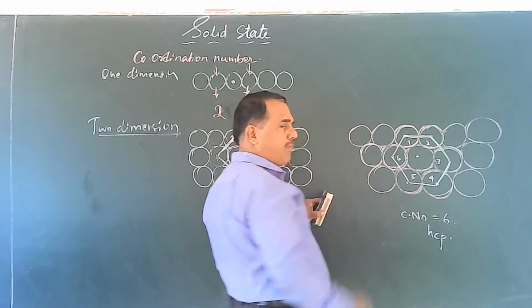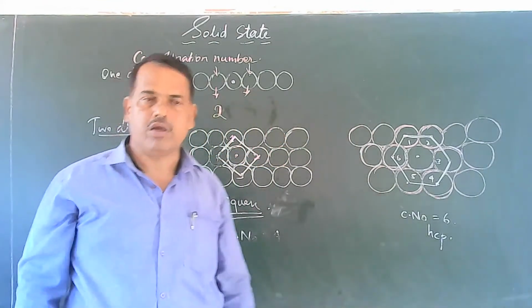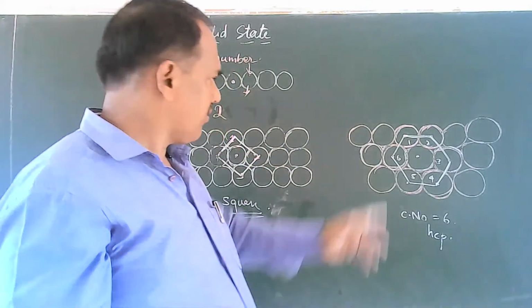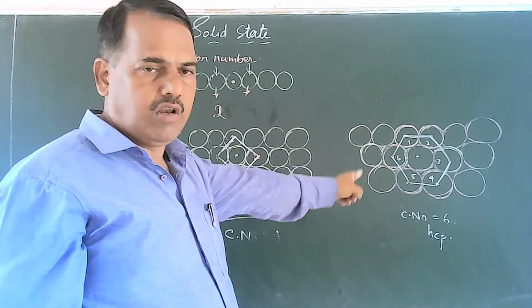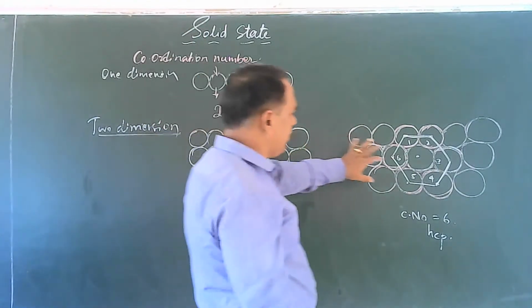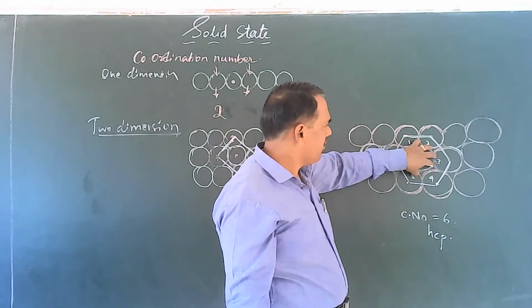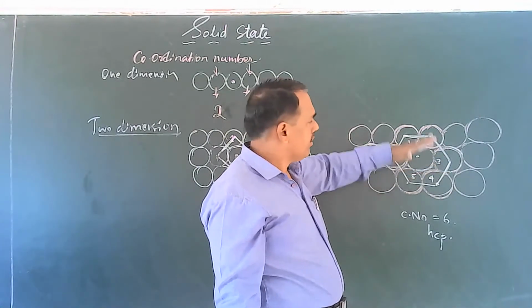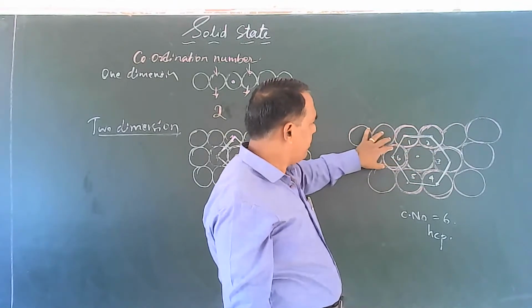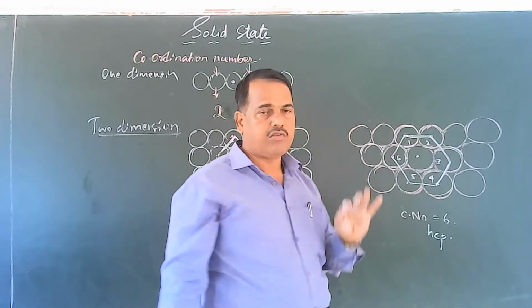And it is called cubic close packing. Okay, very easily you can find the hexagon. Be particular about the diagram, you can easily understand. See, what is the arrangement in these two dimensions? The spheres are placed in the depressions of the first layer.